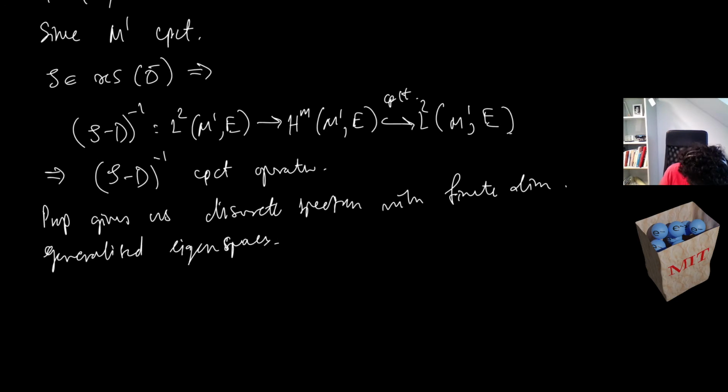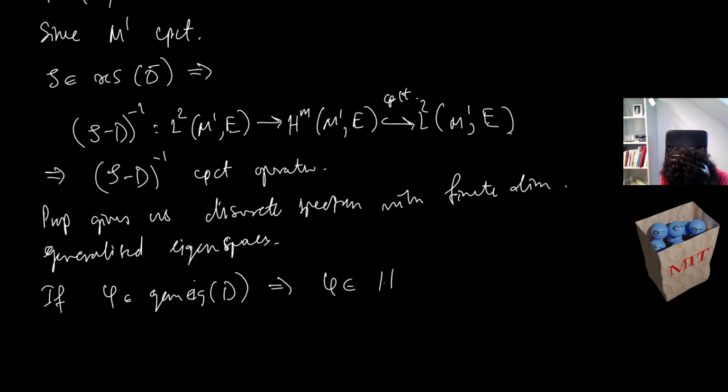Good. So the smoothness: if phi is in a generalized eigenspace of D, then one can show that phi is in H^L for all L, and that means that phi has to be smooth, right? The intersection over all the Sobolev spaces lands us in the smooth world. Okay, so that's the proof.